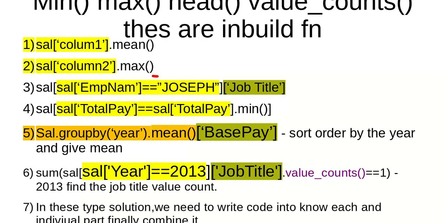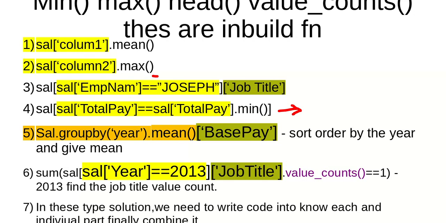For example, you don't know which employee is getting the very low pay, and you want to get that employee's complete data. For that, first you need to identify the total pay minimum value.